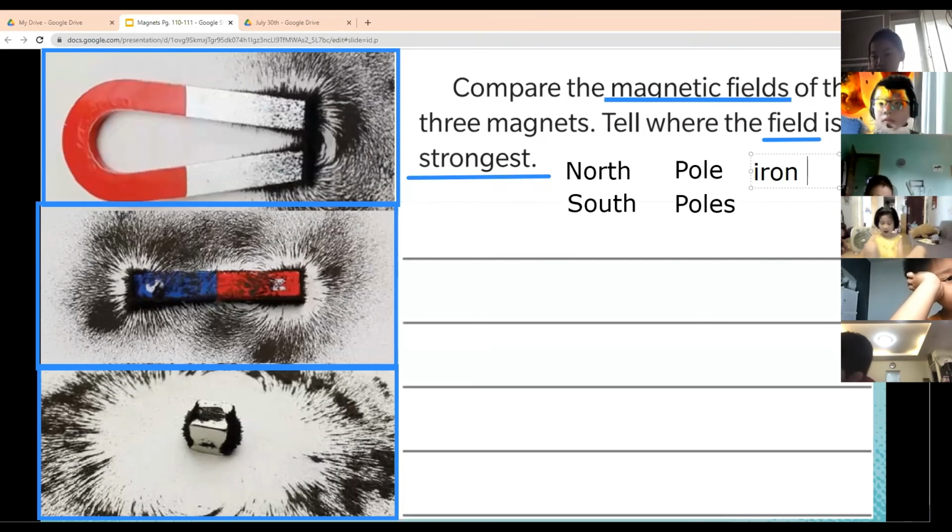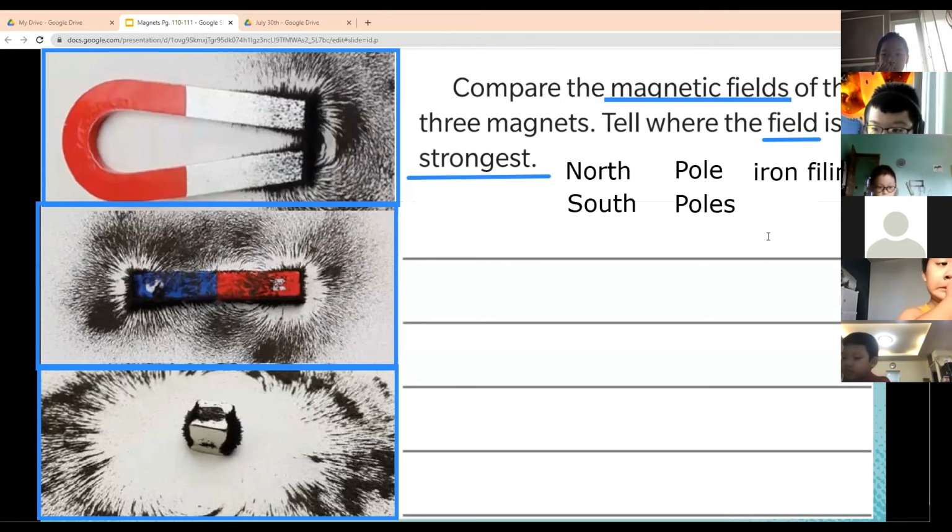There's the word for iron filings. North Pole, South Pole, poles, pole, and iron filings. You should be able to write a sentence using these vocab words.